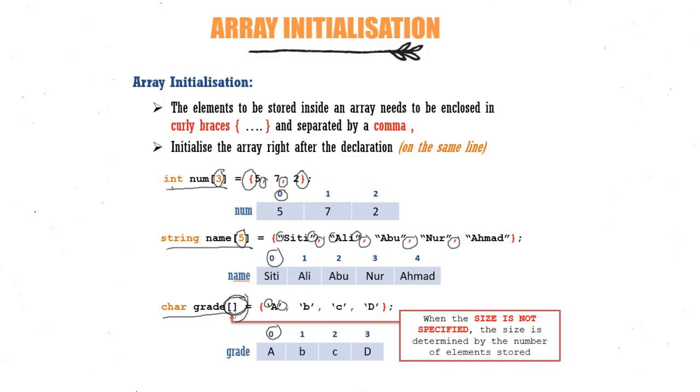So if you don't provide the size and you just do char grade with an empty size here, and you do equals to curly braces with elements separated by commas, meaning that there are 1, 2, 3, 4, automatically this array will be declared with the size of 4 because there are 4 elements. So when the size is not specified, the size is determined by the number of elements stored inside that array.